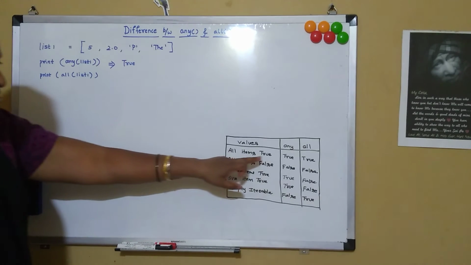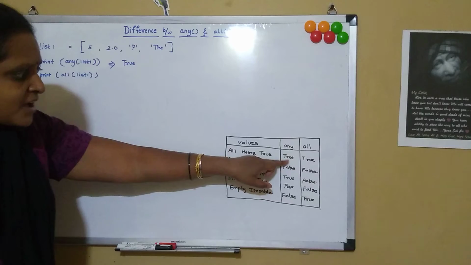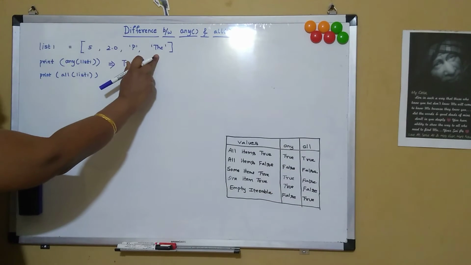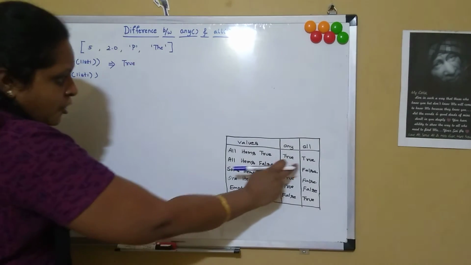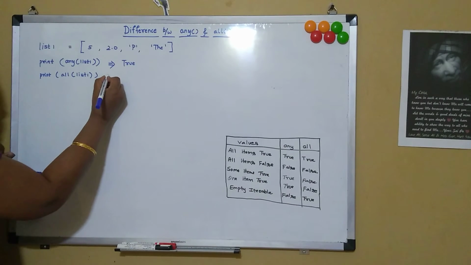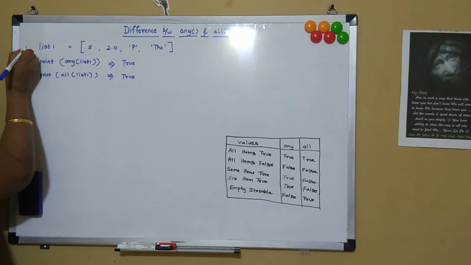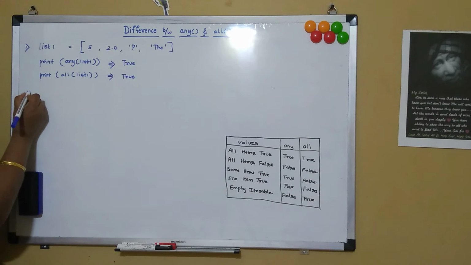Since all the items are true, any function evaluates to true. And since all the items in the list evaluate to true, all function also returns true. So this is the first scenario.